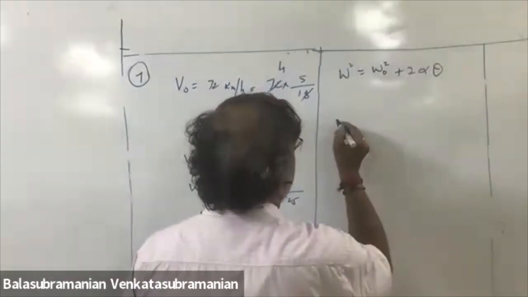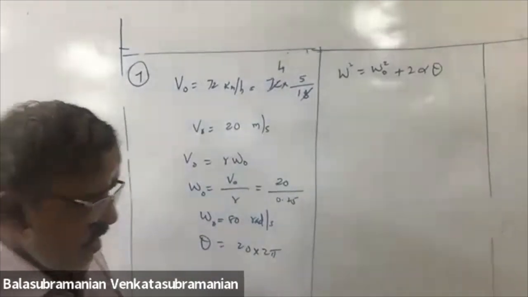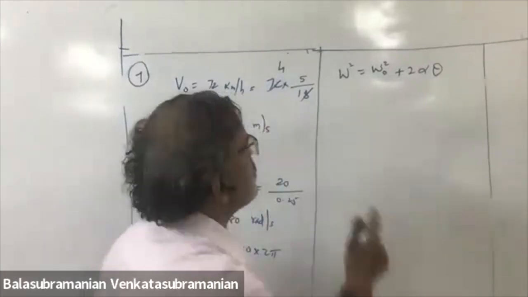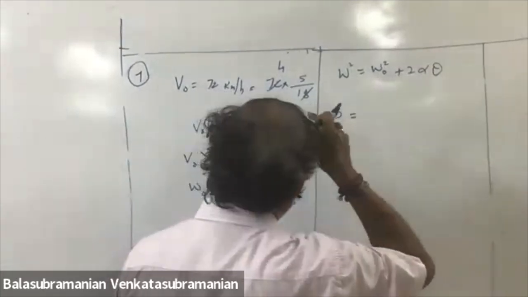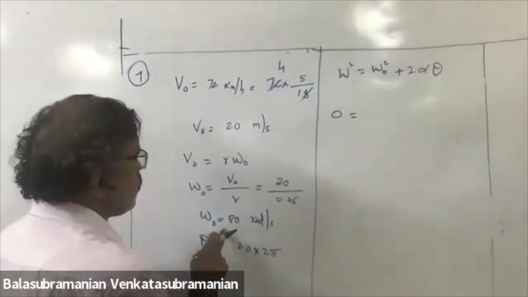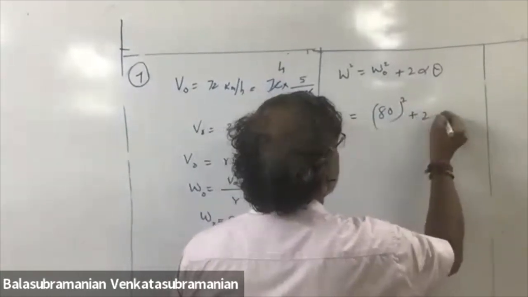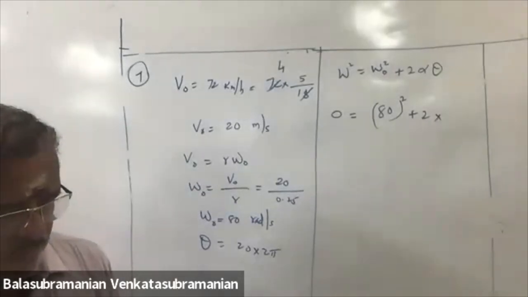Wheels are stopped. That means final angular velocity is 0. 0 is equal to omega naught square. What is omega naught? 80 square plus 2 into alpha only you are going to calculate.